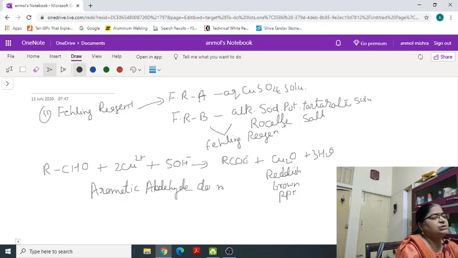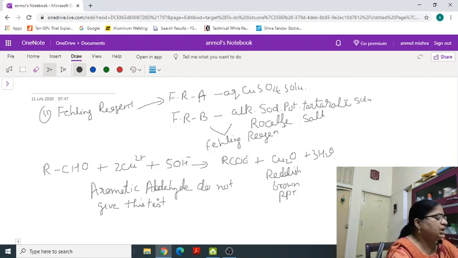So in examinations, questions are asked how will you distinguish between acetaldehyde and benzaldehyde, then we can use this reaction: benzaldehyde will not give this Fehling reagent test, whereas acetaldehyde will give this test.